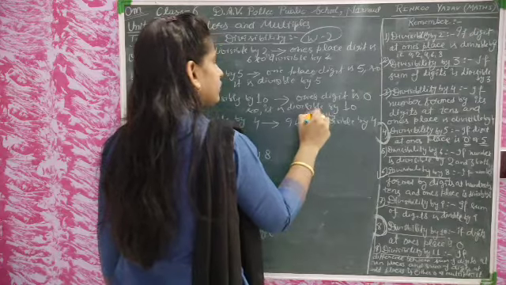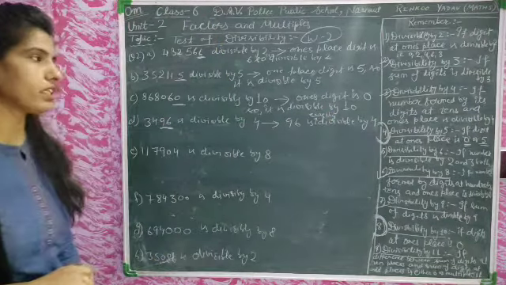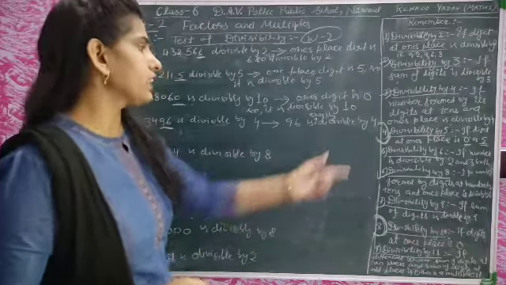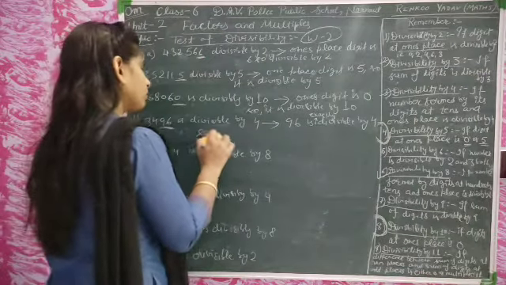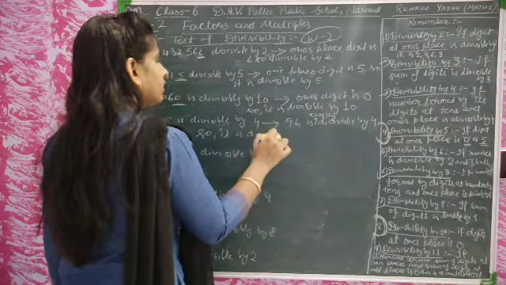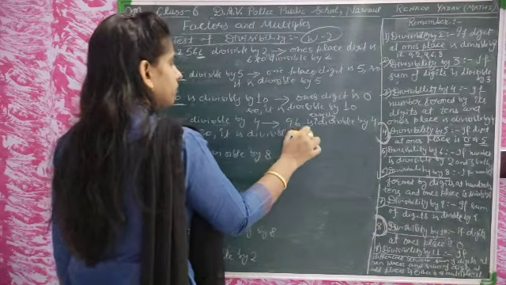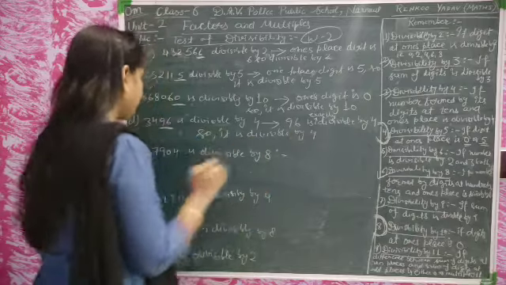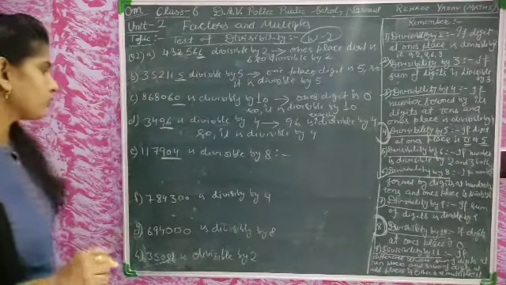Exactly means there is no remainder here. Okay, remainder is 0. Exactly divisible by 4. So it is divisible by 4.